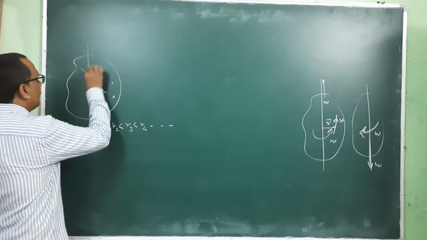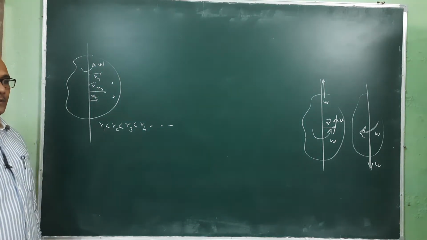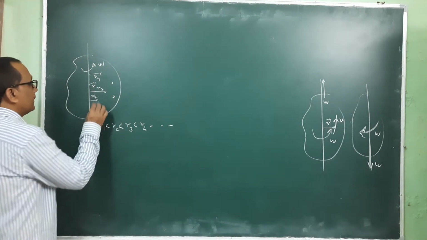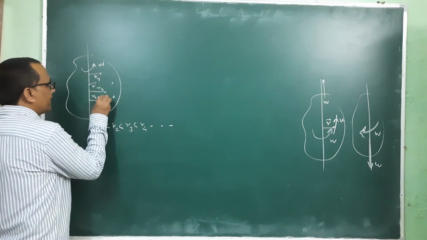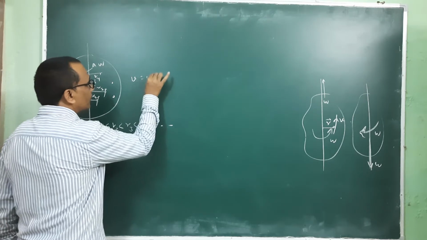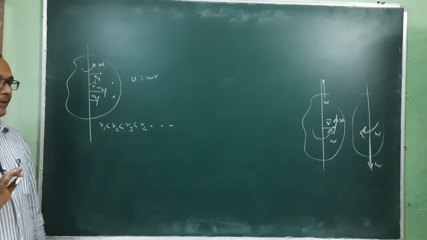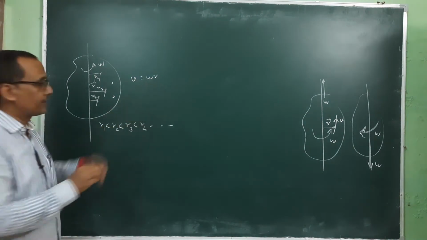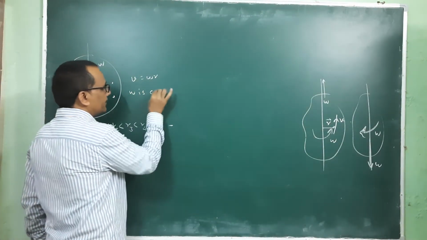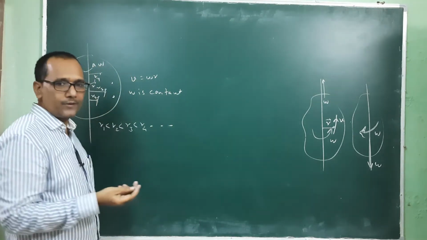If this body is moving with a constant angular velocity omega, then the linear velocity v is equal to omega r in magnitude. R is increasing, omega is constant. Why? Because frequency or time period is constant.